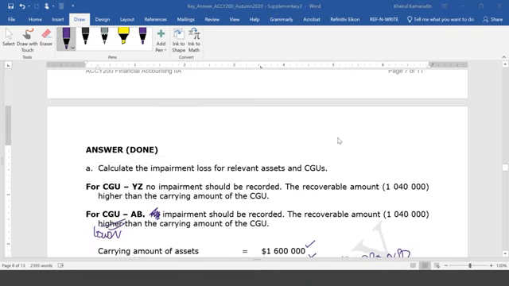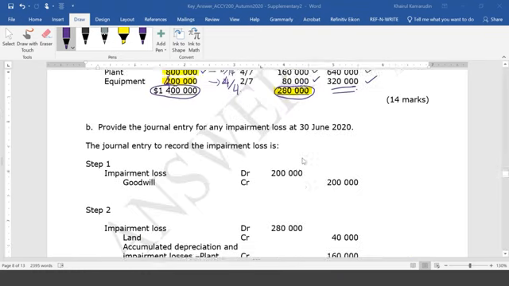The next question is how to record the journal entries relating to this impairment loss. Number 1, you're going to debit impairment loss 200,000, credit goodwill. So your goodwill now is equal to 0.